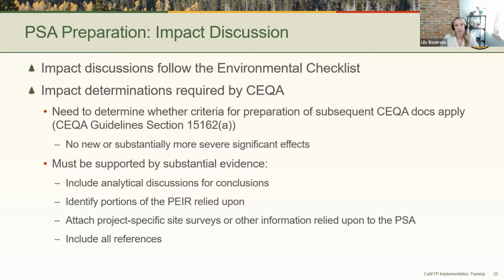So you do this by including analytical discussions for your conclusions, identifying the portions of the program EIR that you relied upon, which are provided in the preceding checklist. You also want to attach any project-specific reports or site surveys that are conducted and any other information that you rely upon for your PSA preparation. And just be sure to include all of your references and have them available in case there is a public request to review those. Next slide.